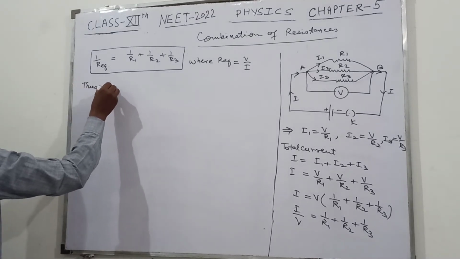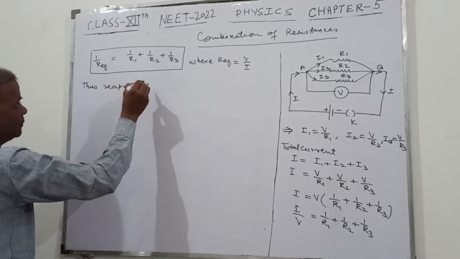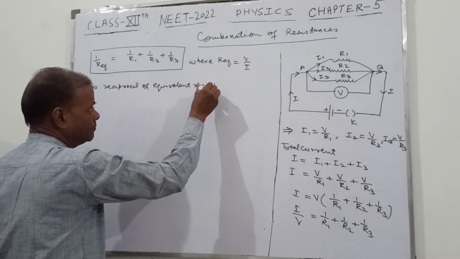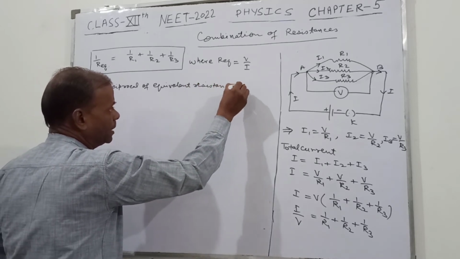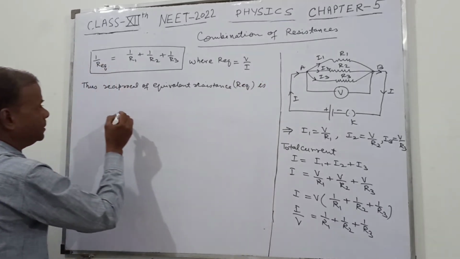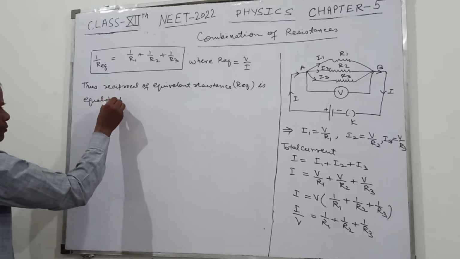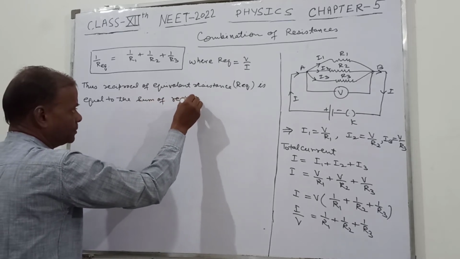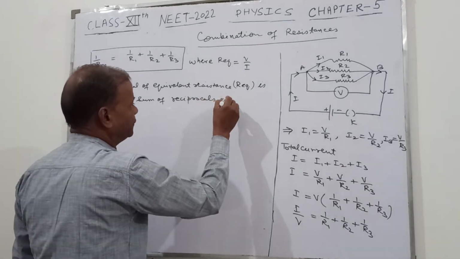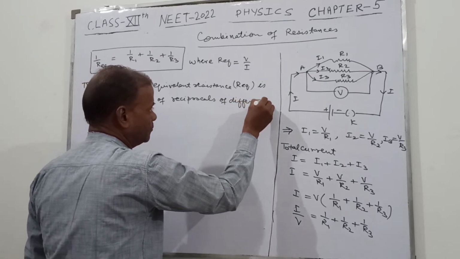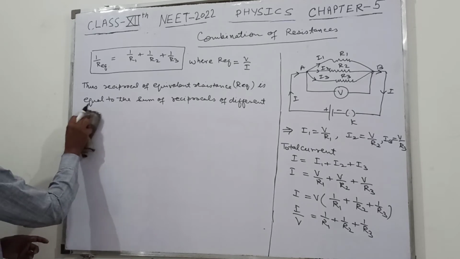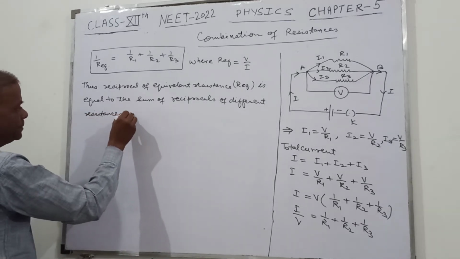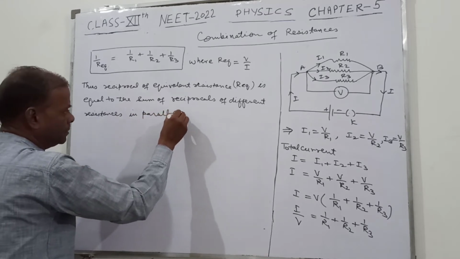Thus, the reciprocal of equivalent resistance Req is equal to the sum of reciprocals of different resistances in parallel combination.